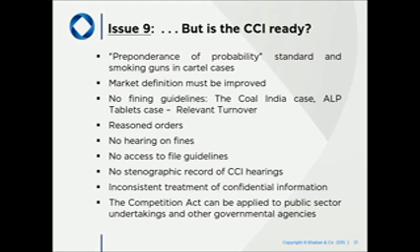But smoking guns are going to be found as the CCI starts using various investigative tools within its and the DG's powers, such as, for example, dawn raids. But keep that in mind. A preponderance of the probability is the standard. Basically, a 50% plus one chance that there was a cartel is the standard here.